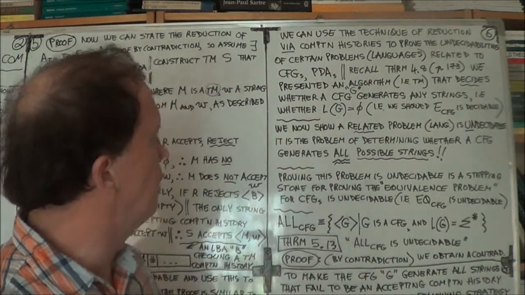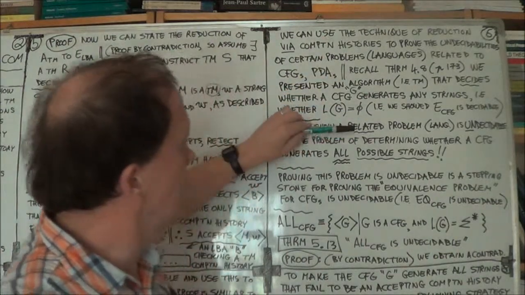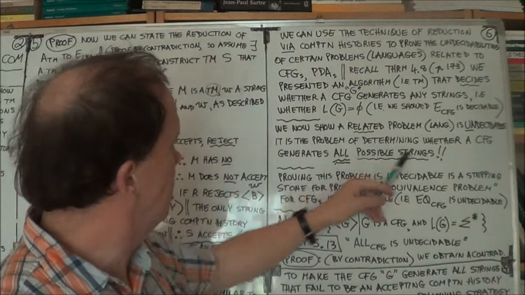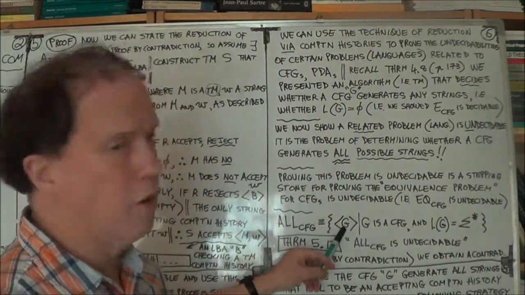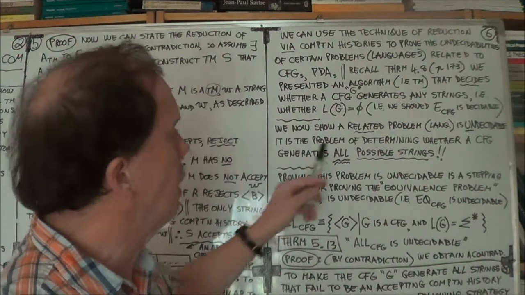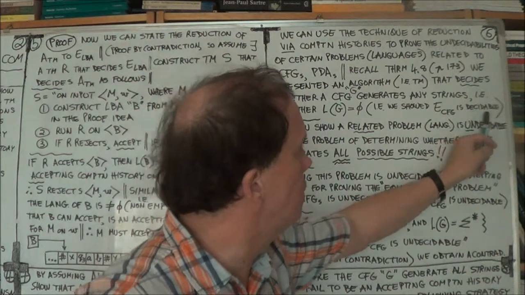That's an example of the sort of thing we'll now start doing. Now there's a related problem, also concerned with CFGs, context-free grammars, but this particular language is undecidable. Here it was decidable.